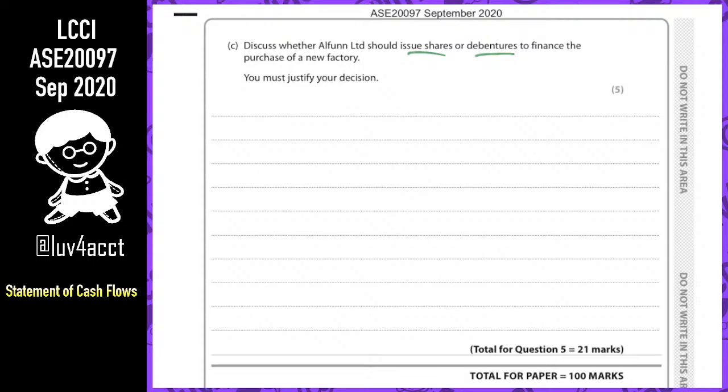I would discuss both points and then draw a conclusion. Usually when I write on this, it would be more than it requires. So, issue shares or issue debentures.